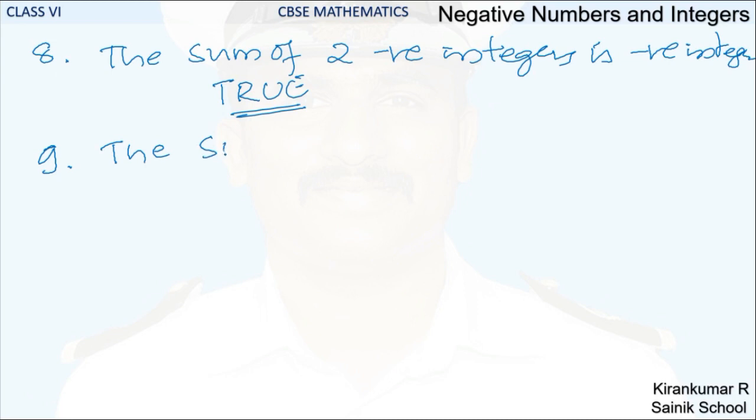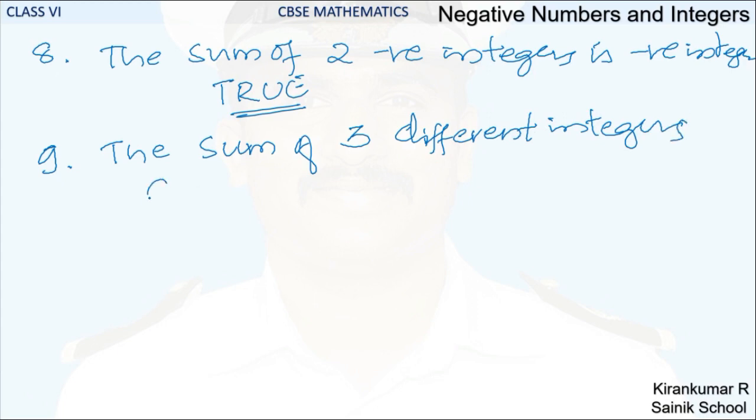Next statement, the sum of three different integers can never be 0. Is this statement a true statement?